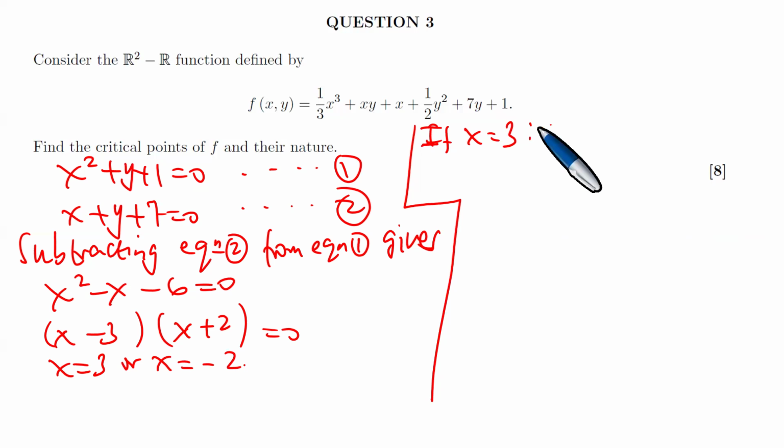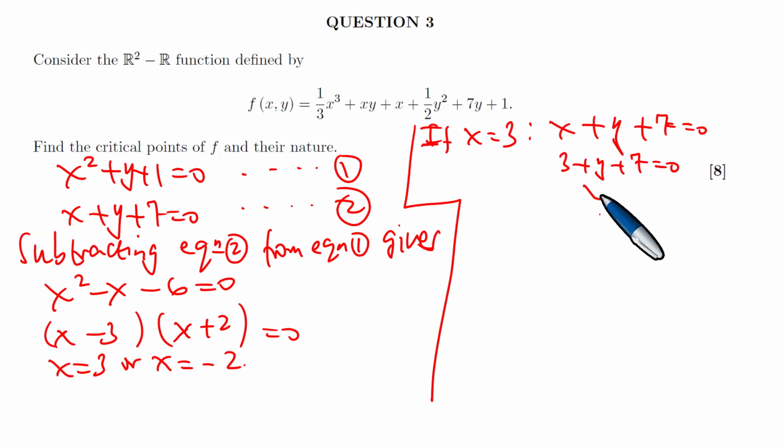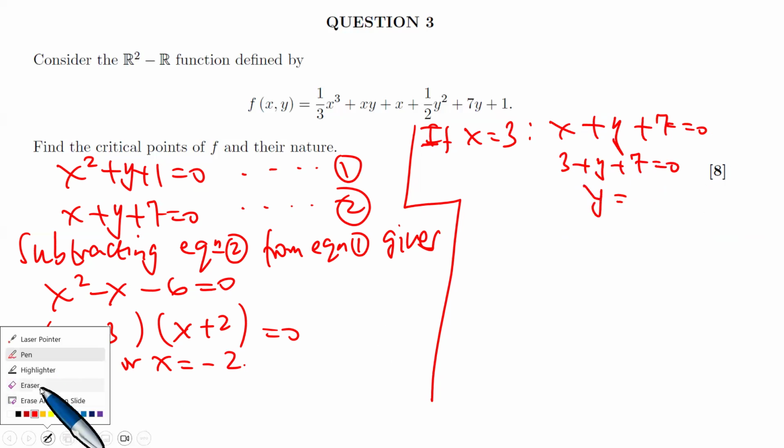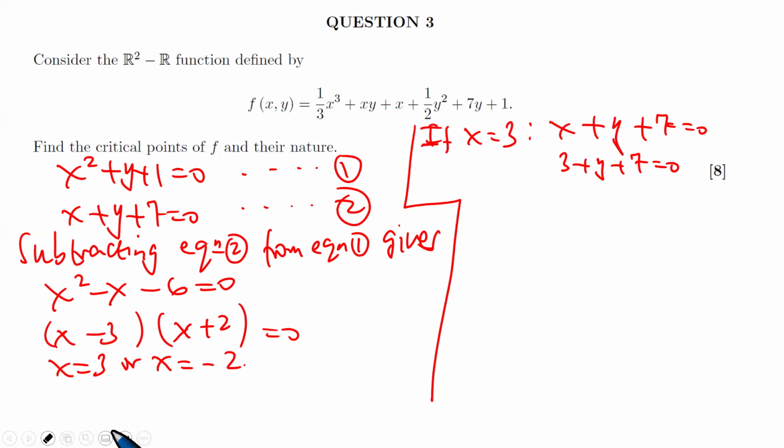So we have x plus y plus 7 is 0. X is 3, which is 3 plus y plus 7 equals 0, which means y equals minus 10.